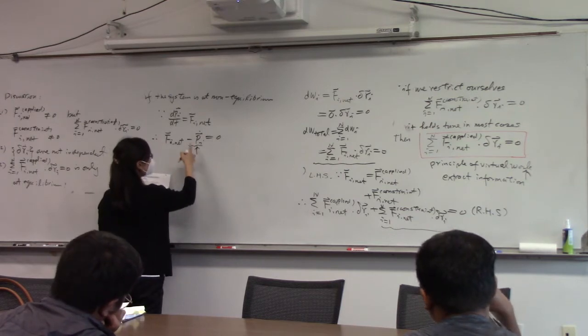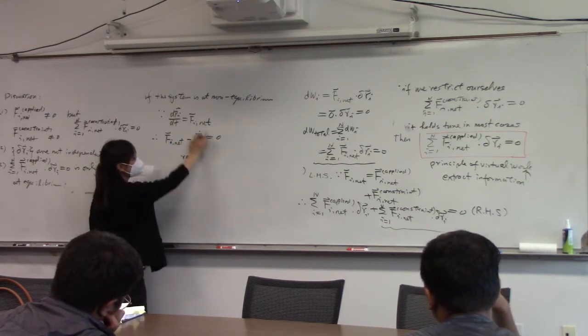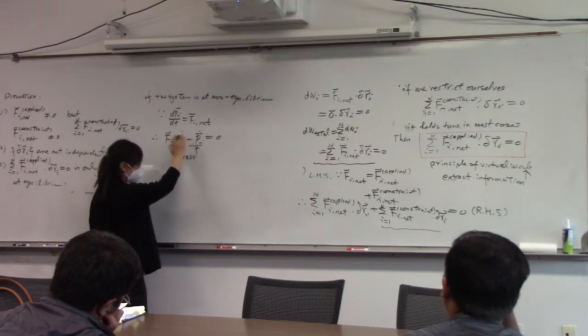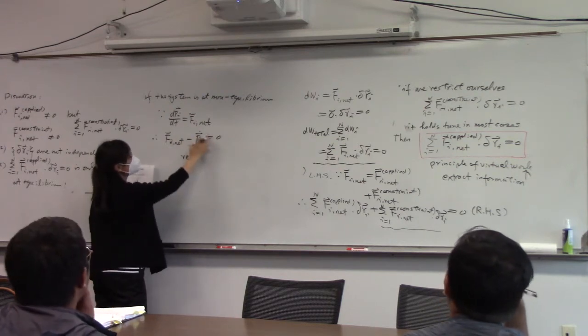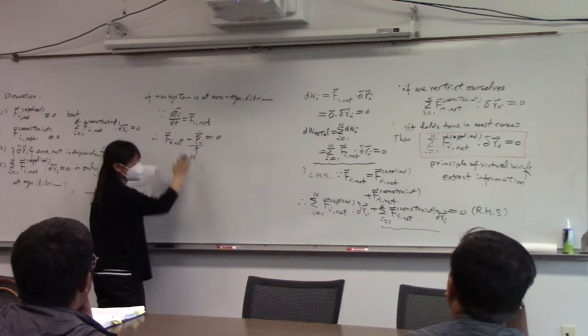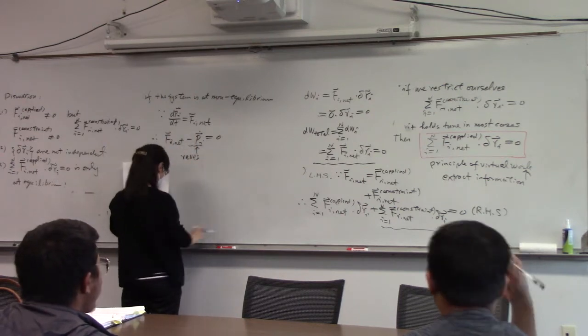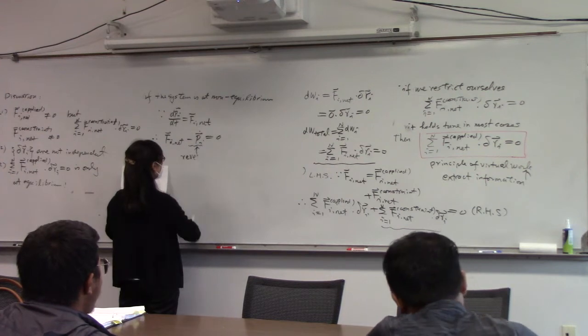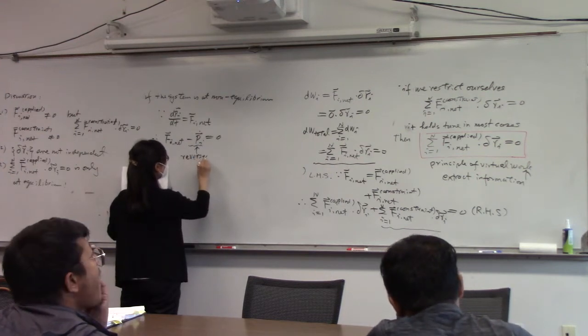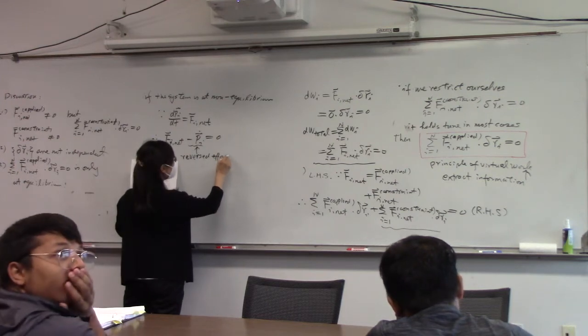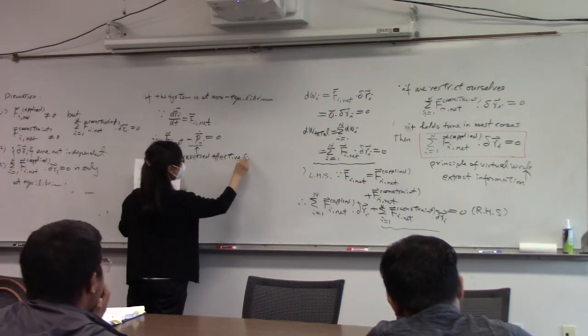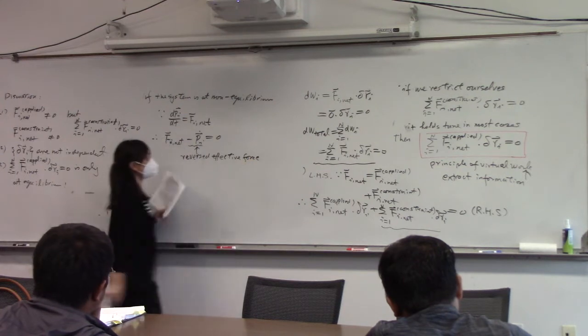This is because this has the same dimension, the same measure, as force. It's Newton, right? So it can be a kind of force. We give it a name, reversed effective force. It's not a real force, but it's a kind of effective force which we can consider as a force.